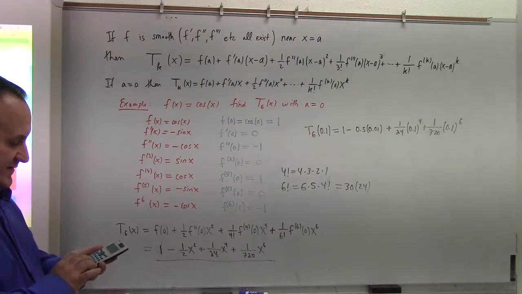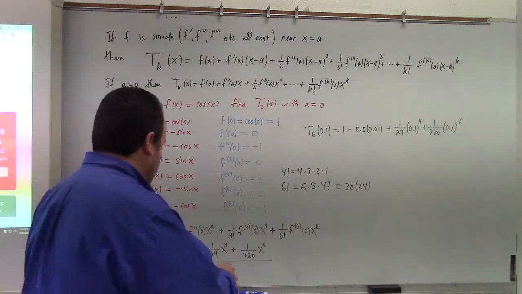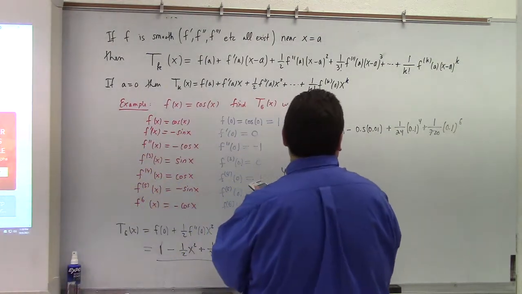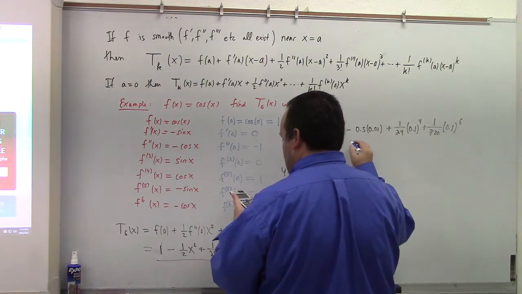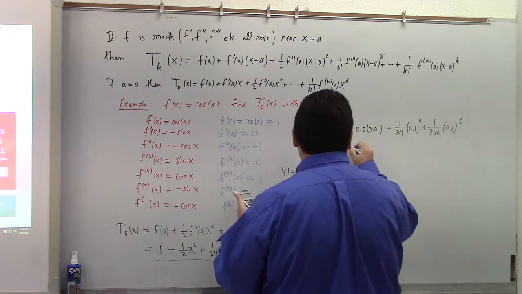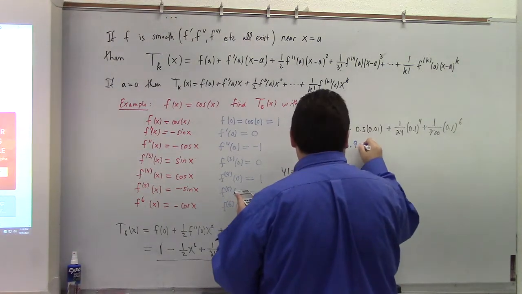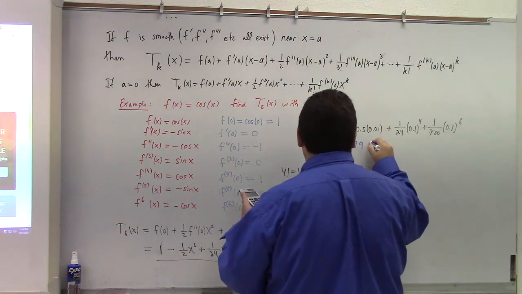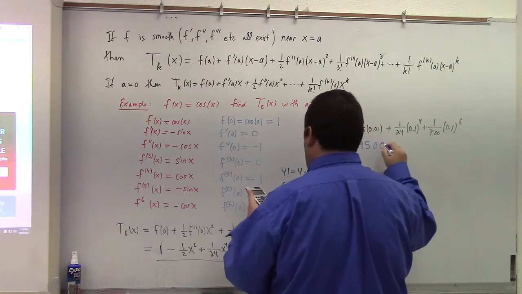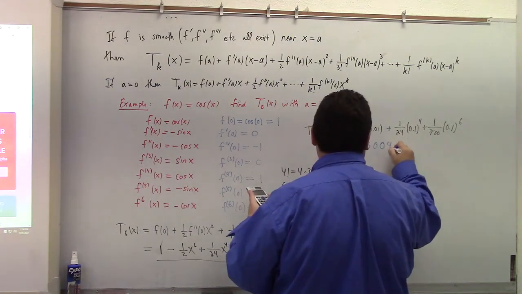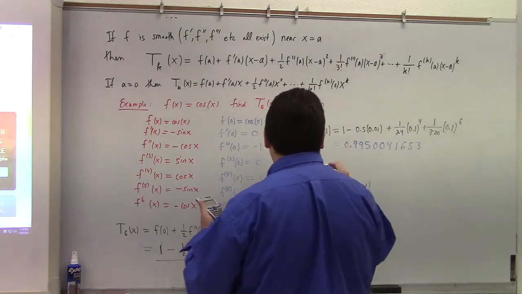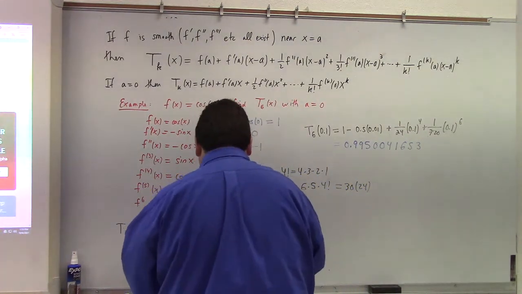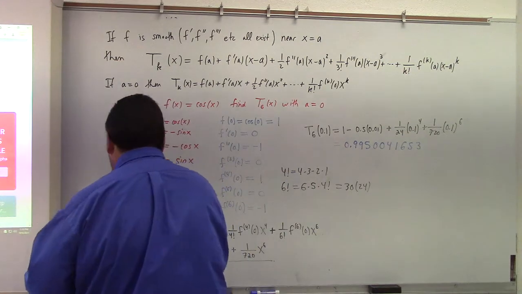If I haven't made a stupid mistake, that works out to, according to my handy-dandy Casio 115 ES, 0.99500411653. And you can contrast that to if you just take the cosine, right?